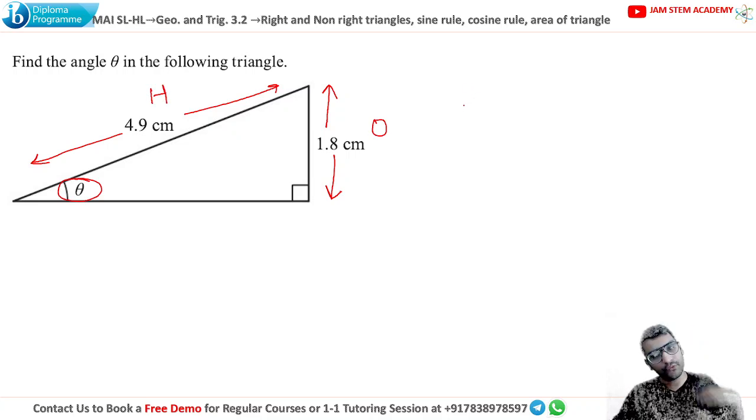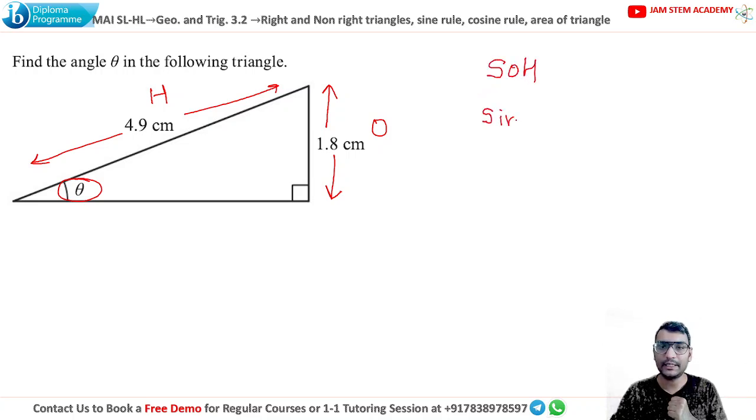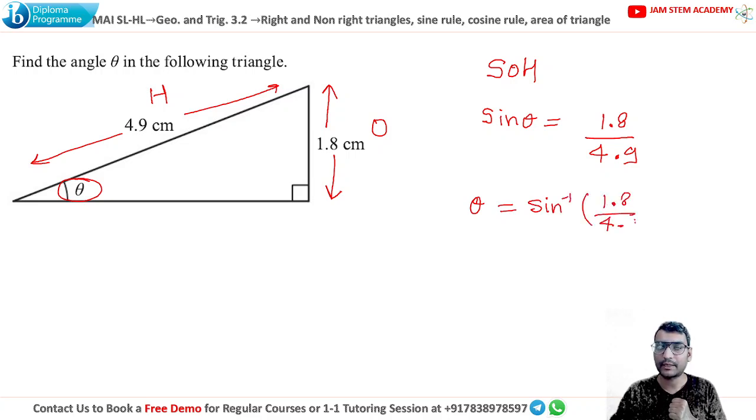We need the relation which gives us opposite and hypotenuse. So yes, I can use sine theta equals opposite 1.8 over hypotenuse 4.9. From here we can find theta, which is given by arcsine of 1.8 over 4.9.